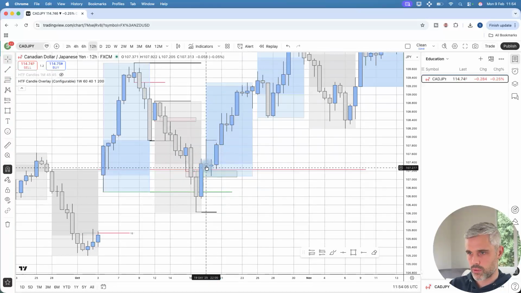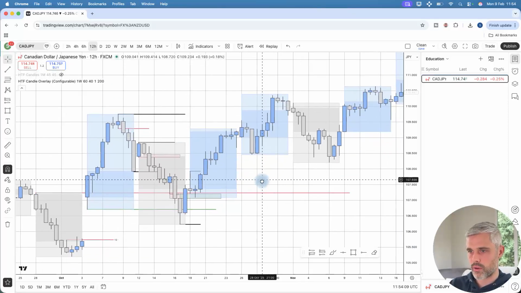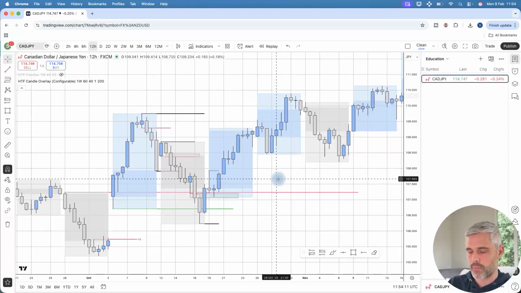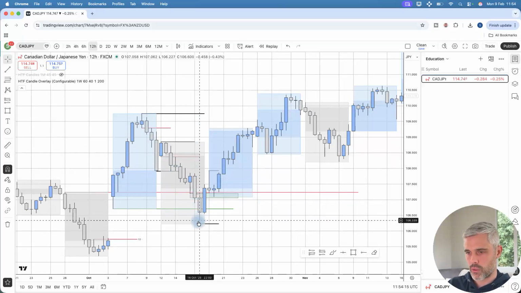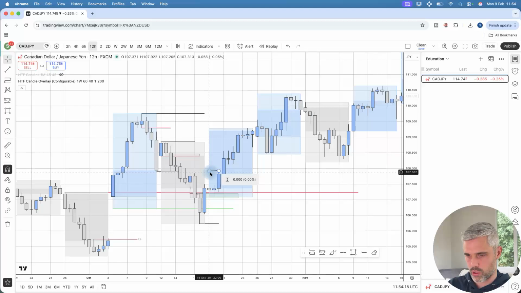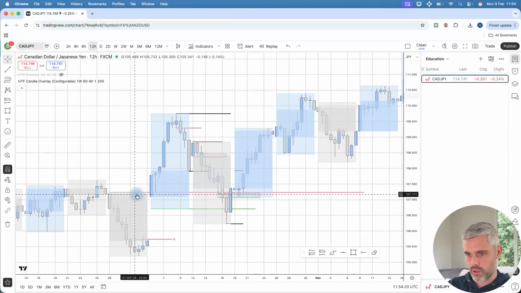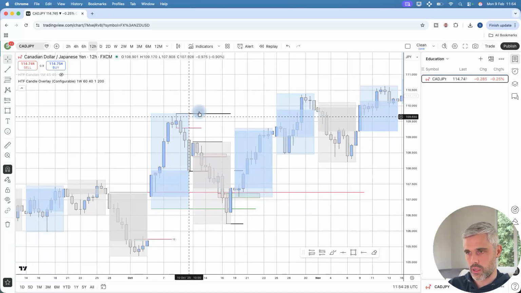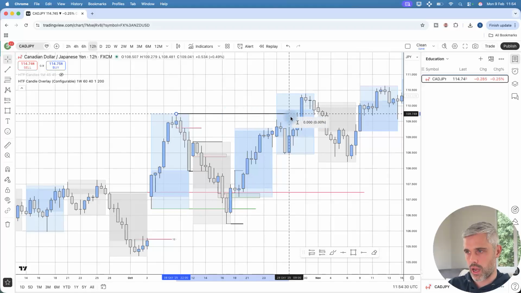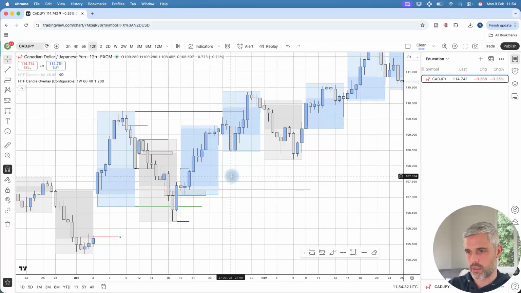So when this candle finishes printing, we now have full time frame alignment. We had bearish order flow coming in. We now have the creation of bullish order flow. We have a bullish weekly order block, liquidation of a weekly accumulation candle, and the creation of a higher time frame target in the market.